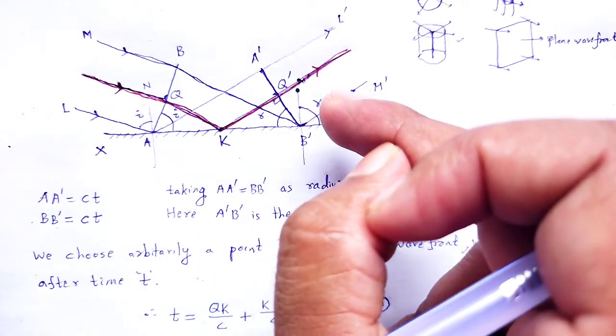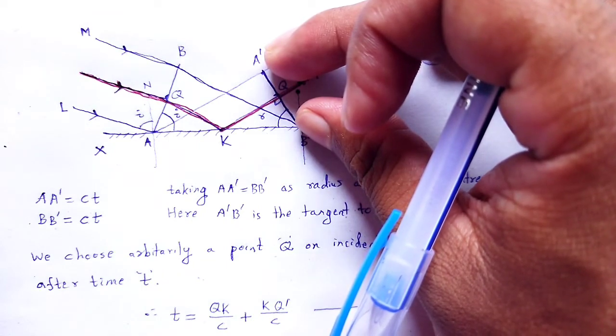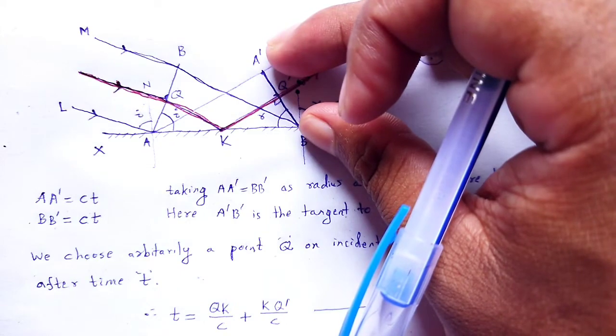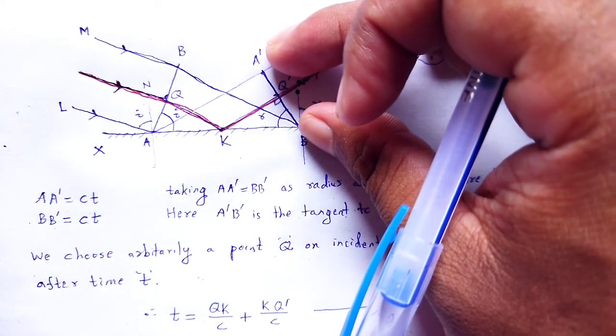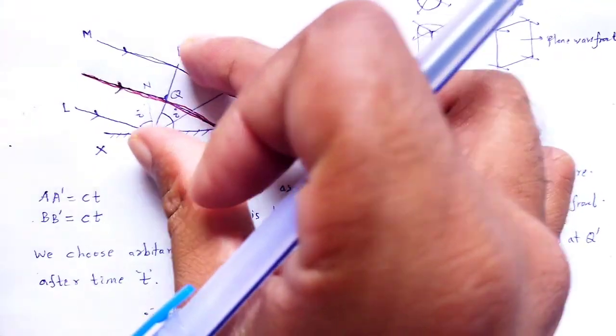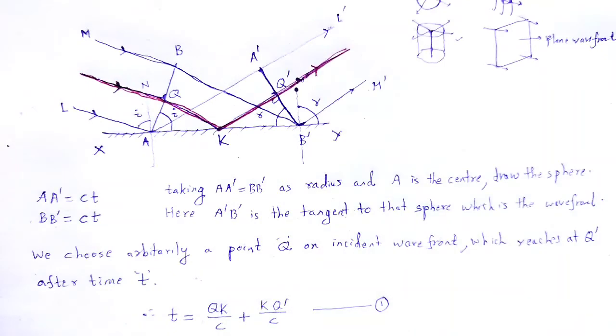Therefore A'B' is the reflected wavefront, so the time taken by all the rays from the incident wavefront to reach the reflected wavefront has to be the same.